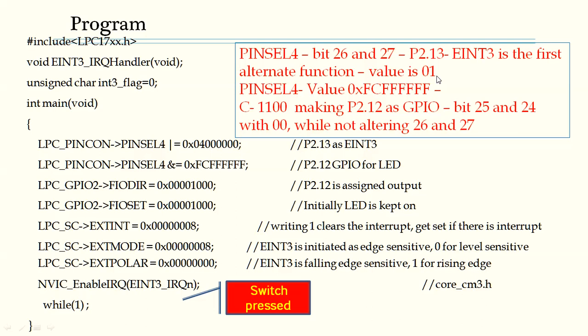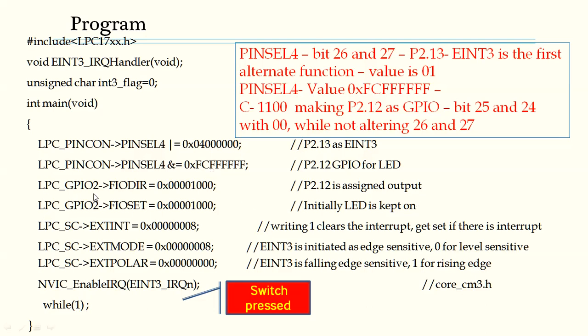With the same, we also want to make P2.12 a GPIO, that is bit numbers 25 and 24, and hence we have written a value of 00. So the value C, which is written onto bits 24, 25, 26 and 27, will make P2.12 a GPIO and P2.13 the external interrupt. Very, very important to be understood.